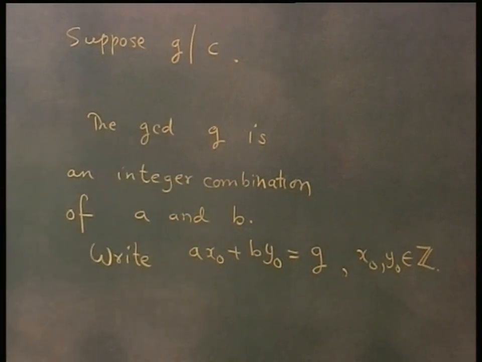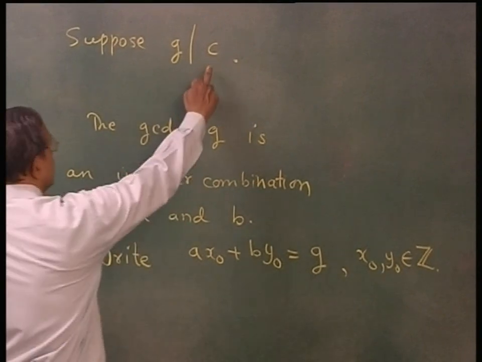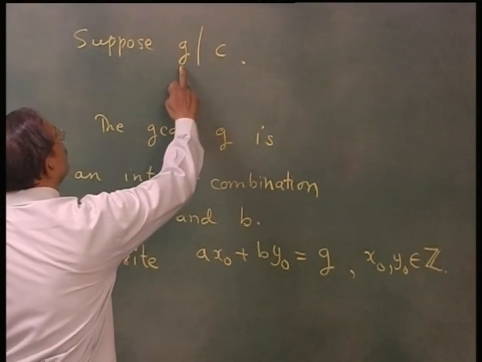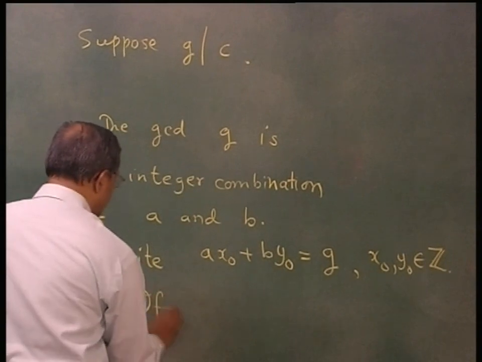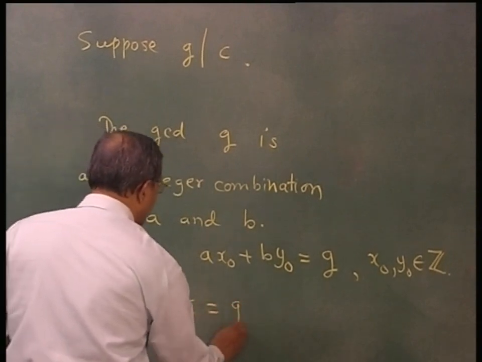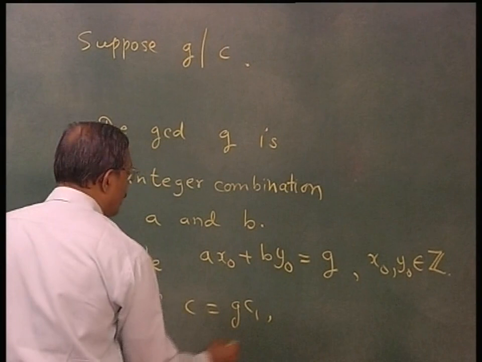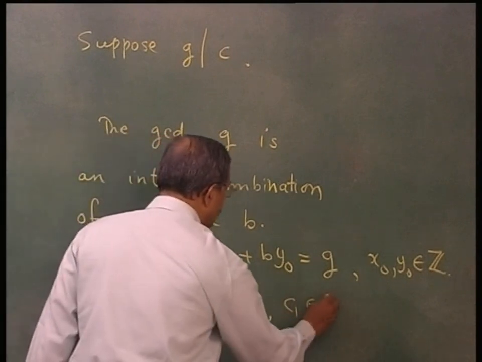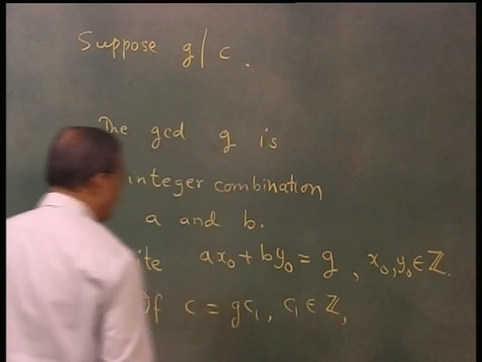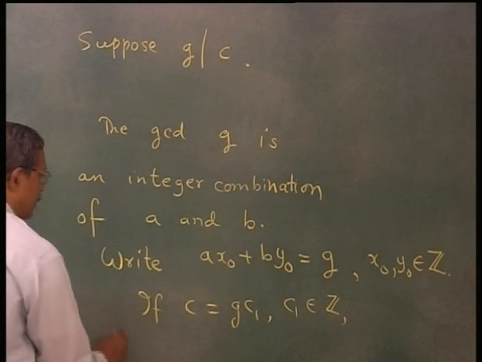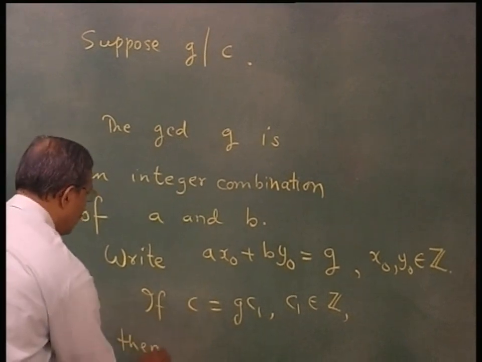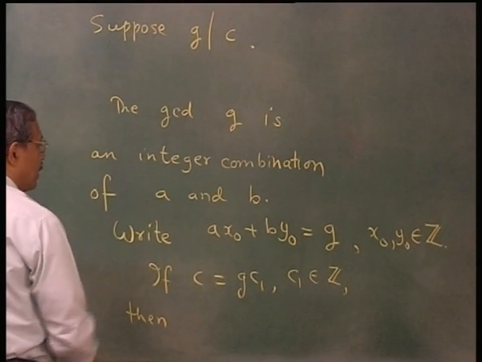Now if C is G times C1, where C1 belongs to Z, then multiply this by C1.